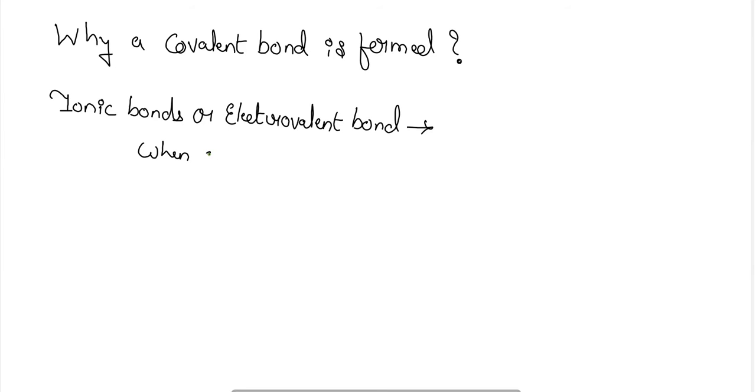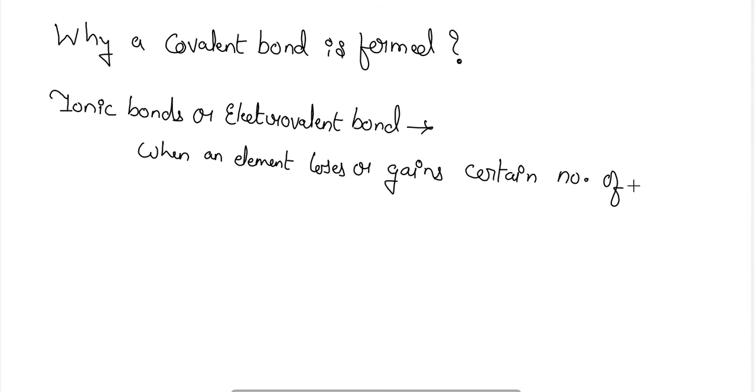When an element loses or gains a certain number of electrons to form a cation or anion.